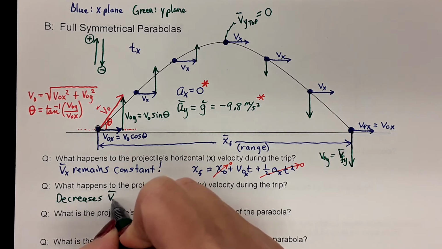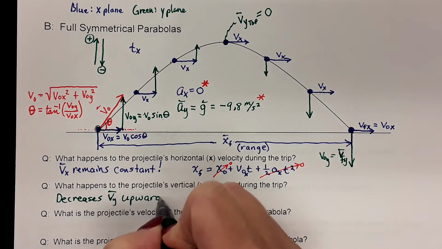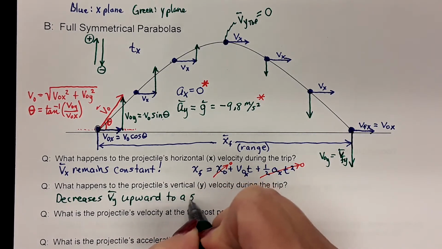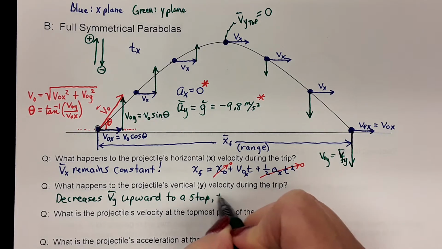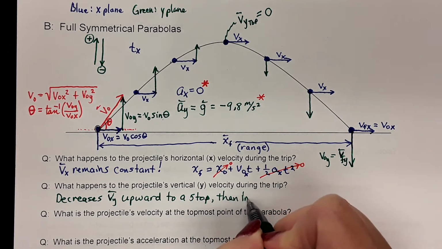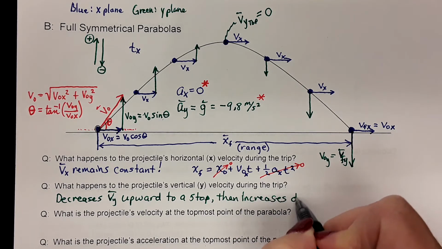Okay, you decrease the y velocity upward to a stop right at that tippy top point. Then increases downward.